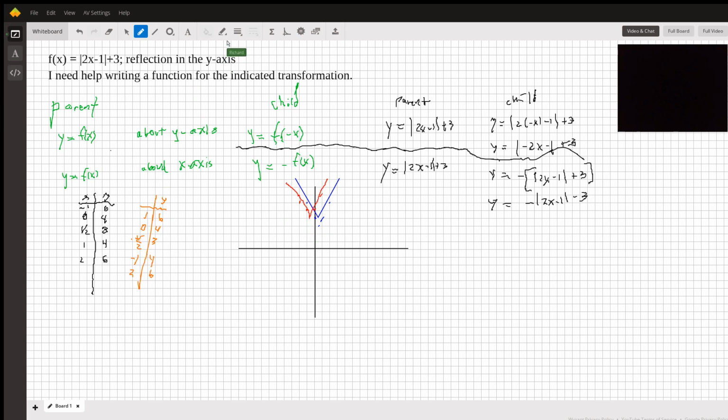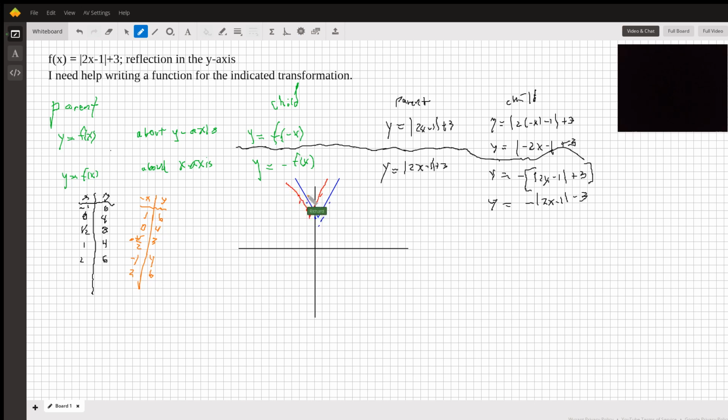So all I'm doing, I know it looks more complicated, but all I'm doing here is just negating the x coordinate. It's just negative x here. I just changed the signs. And if you plot these points, you're going to get this red curve here.